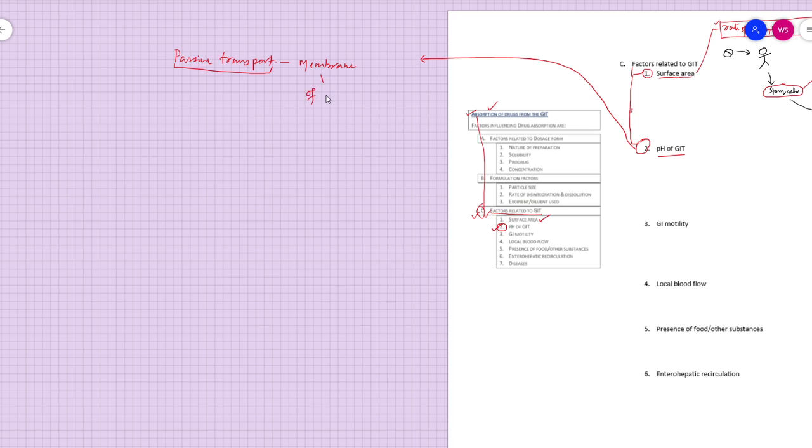By passive transport we mean transport which does not require ATP, and we said it is dependent on the concentration gradient.